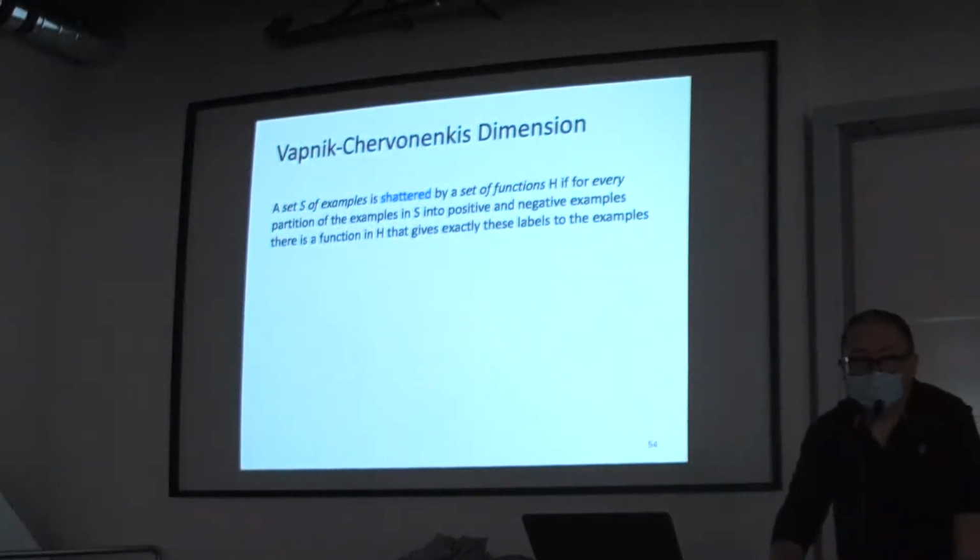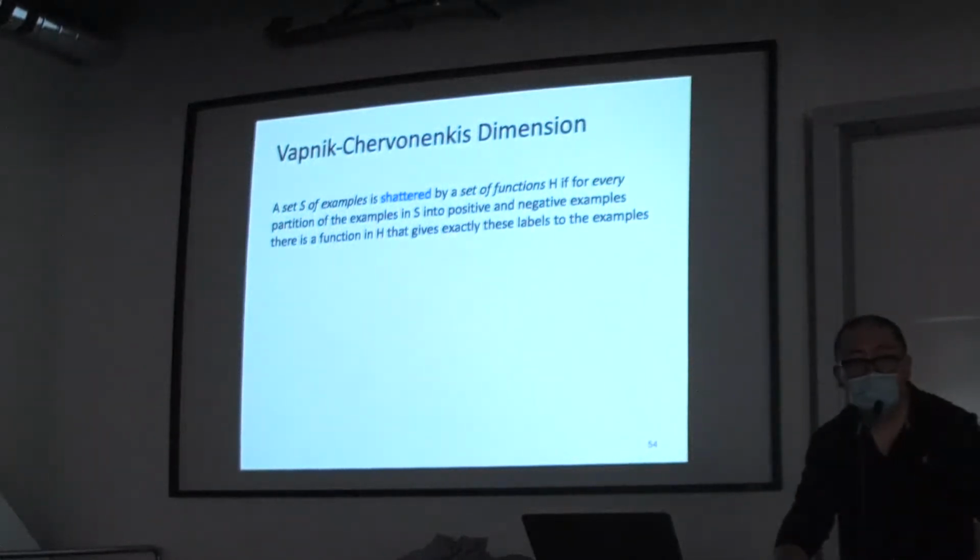So, to give a concrete example, suppose you want to say your hypothesis space can shatter 3 points. The locations of the 3 points are fixed. But if you want to claim that you can shatter them, you need to consider all possible labels on these 3 points.